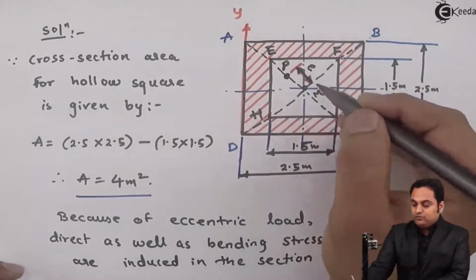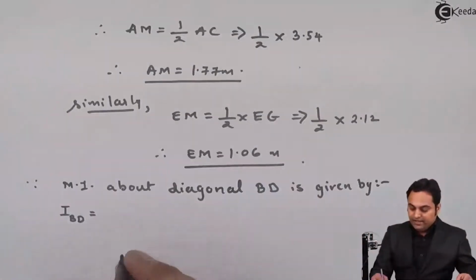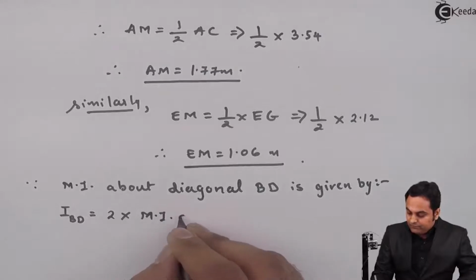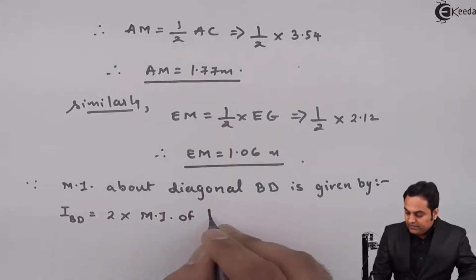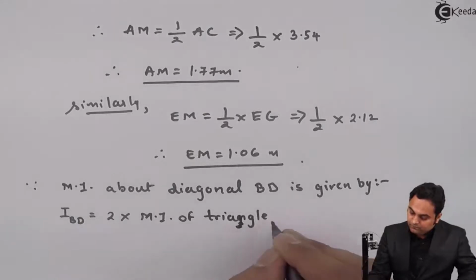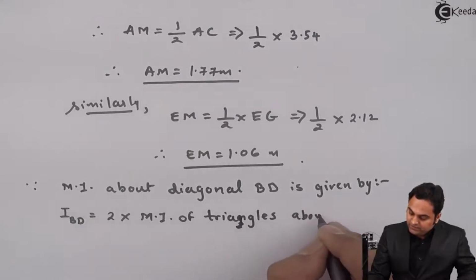And like this we have two triangles. So here IBD is nothing but 2 into MI of triangles about base.